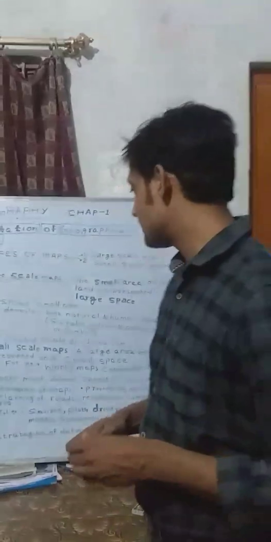So large scale maps are always prepared with a large scale. Now the second one is small scale maps. Small scale maps are the maps where detailed information can't be shown. But in the case of large scale maps, the detailed information can be shown. Every detail can be shown over there.